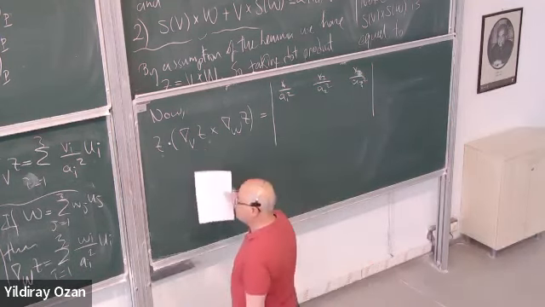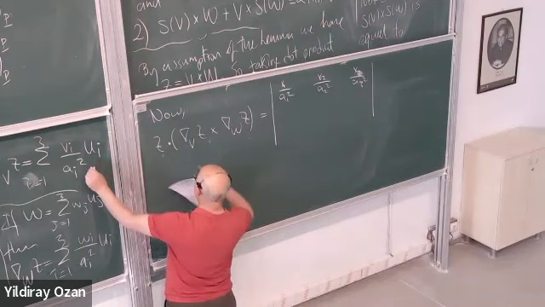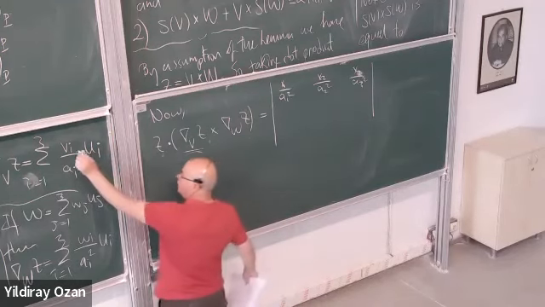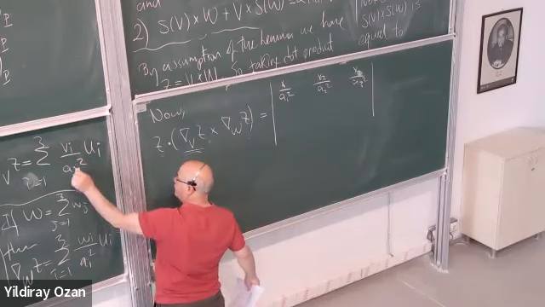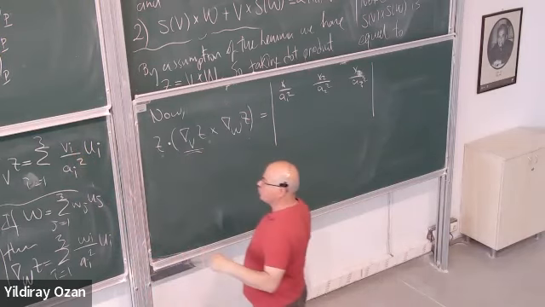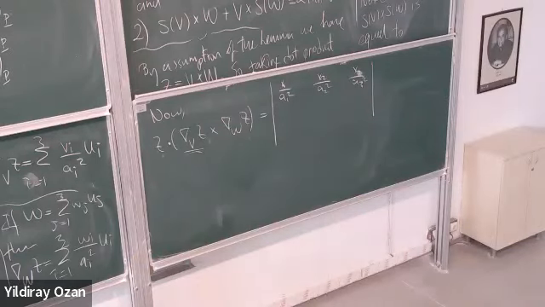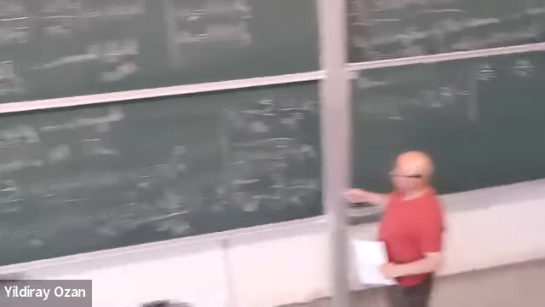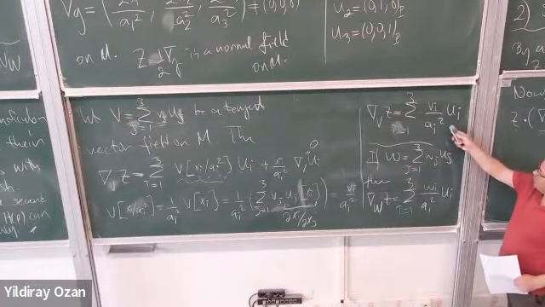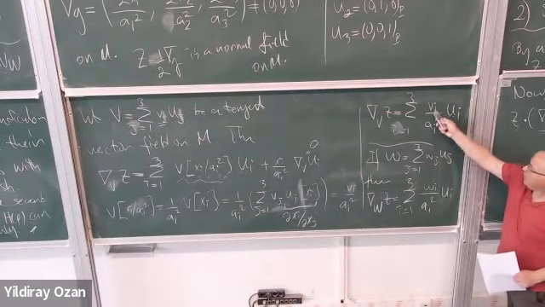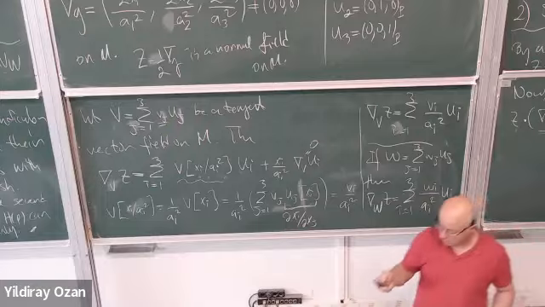This vector was v1 divided by a1 squared, v2 divided by a2 squared, and v3 divided by a3 squared, right? So the coordinates of this vector are just these numbers.